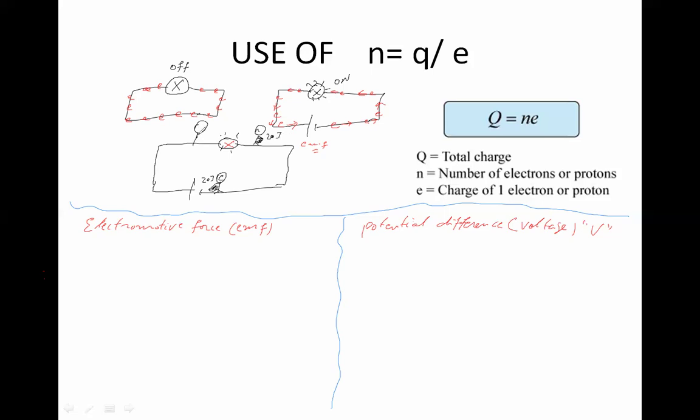Now it has, let's say, 5 joules. Where did the 15 joules go? Into the bulb, into light and heat. And he starts weeping, asking what happened to him.